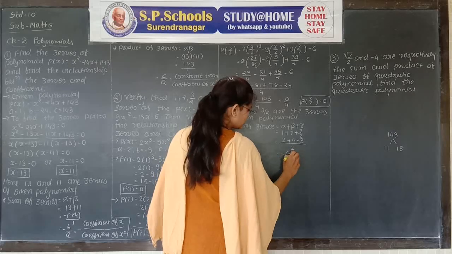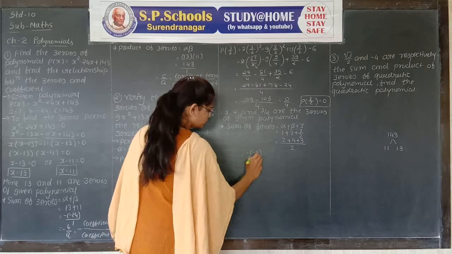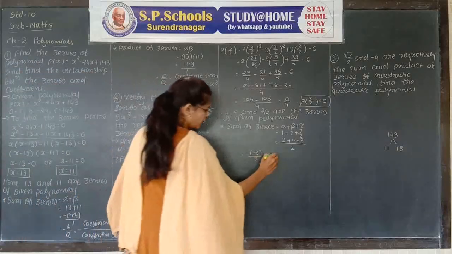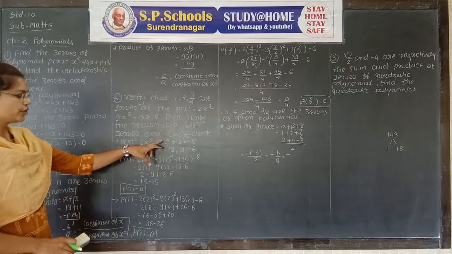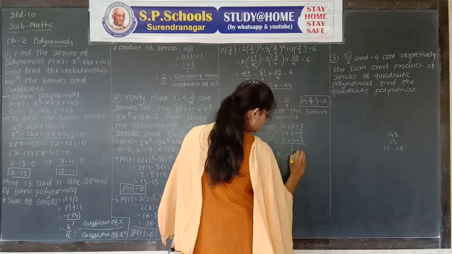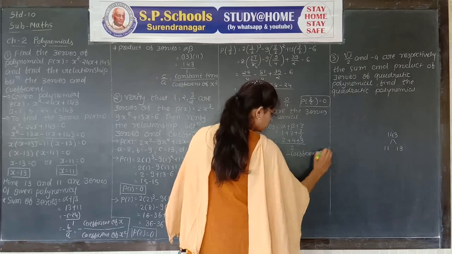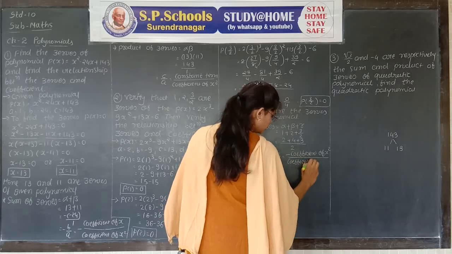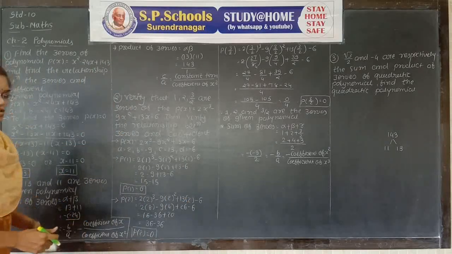Minus of minus 9 upon 2 is equal to minus b upon a, where b is the coefficient of x square and a is the coefficient of x cube. Here the first relationship is verified.